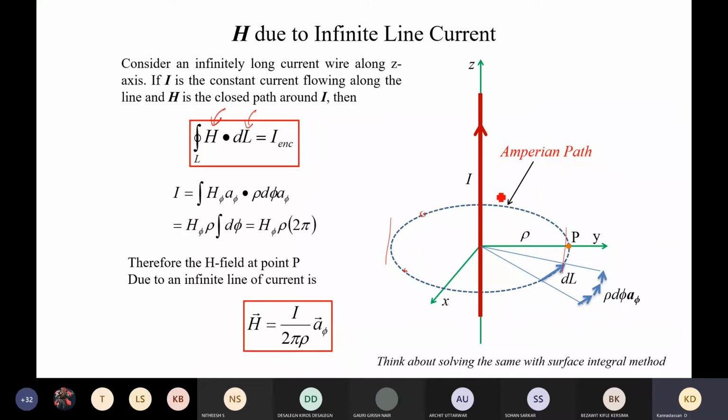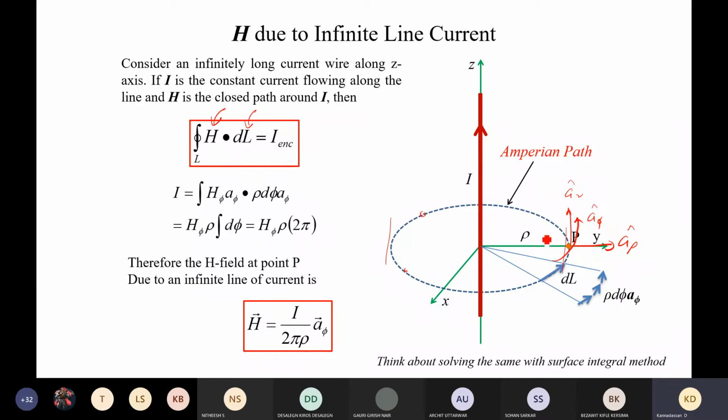There are three vectors for a magnetic field. One is along the rho direction, this A rho vector. Another one is along the Z direction, AZ vector. Another one is along the phi direction, that is A phi vector. So these are the possible vectors for a magnetic field.